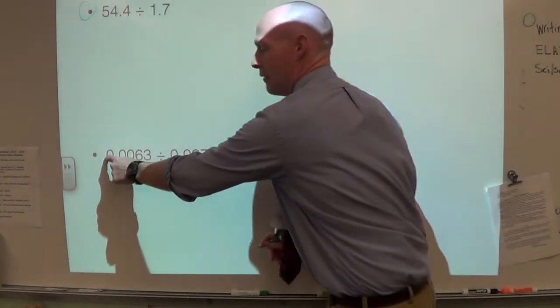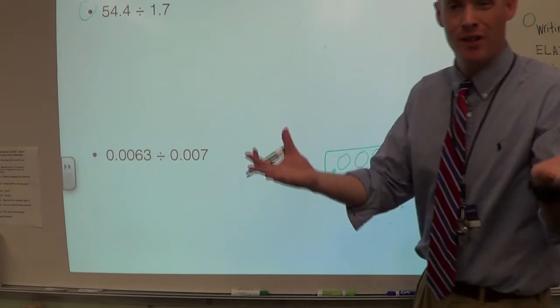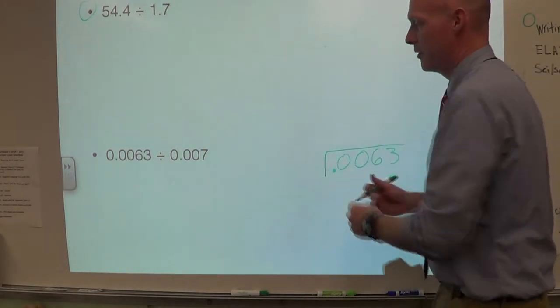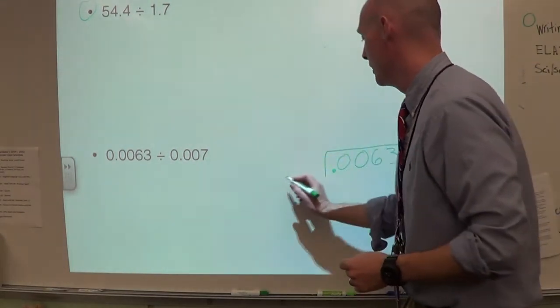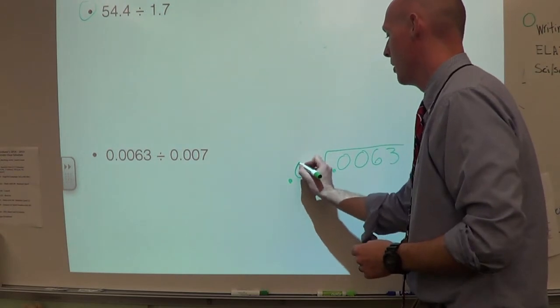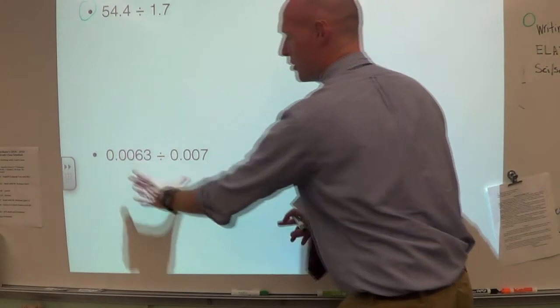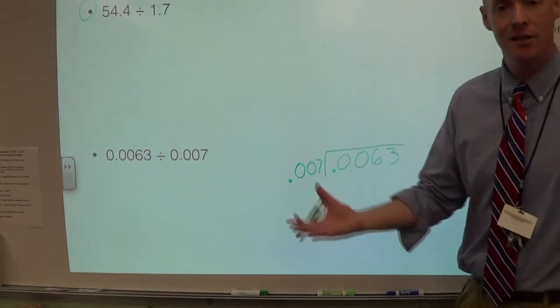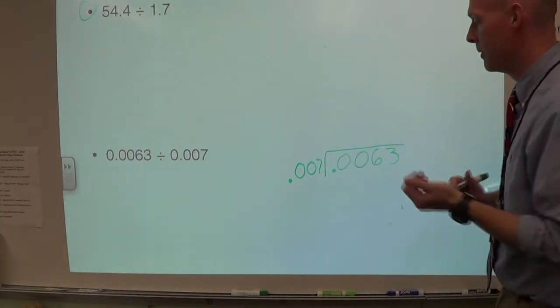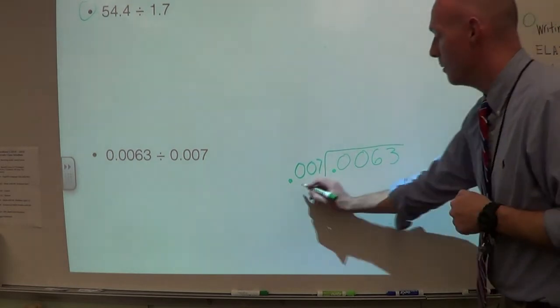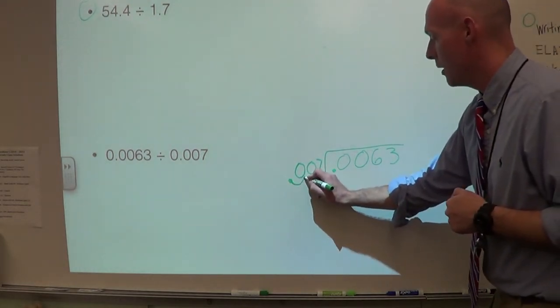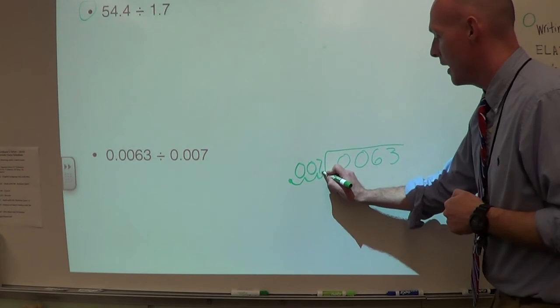And notice I just left off that whole 0 because I know that there's no whole number there, so I just left it off. And I'll do the same here. Decimal point 0, 0, 7. Okay. I just left off the whole numbers just to make it a little bit shorter. But again, it's a 0, so there really were no whole numbers. Okay, first thing we got to do, move the decimal to the right 1, 2, 3 times.